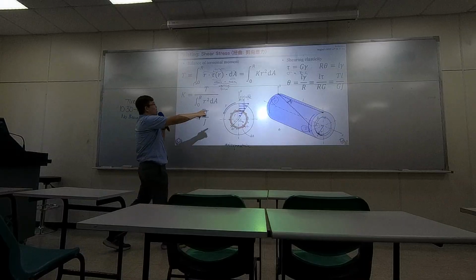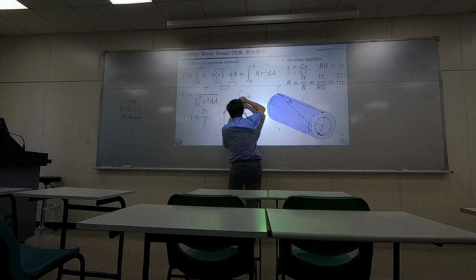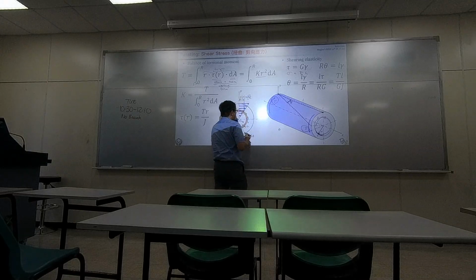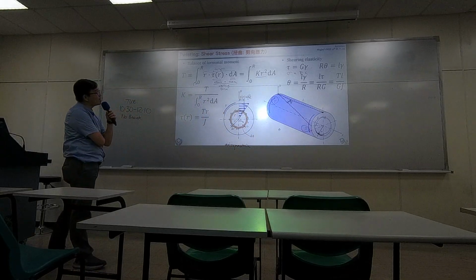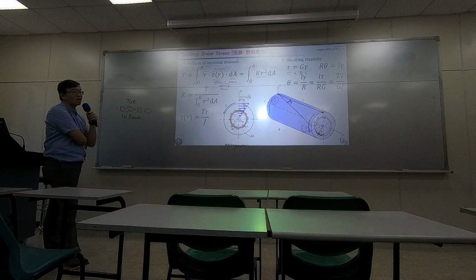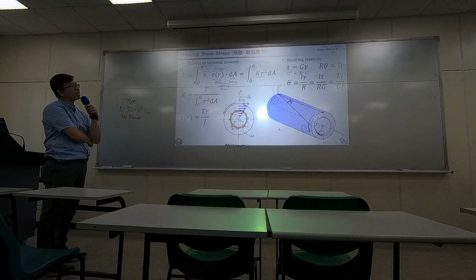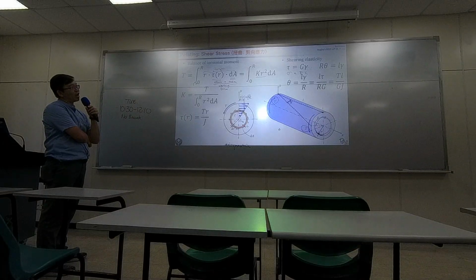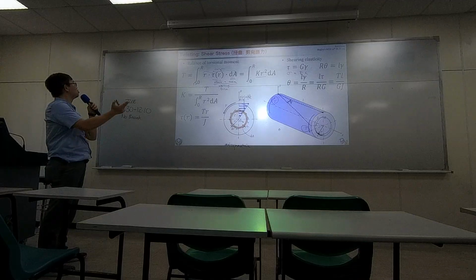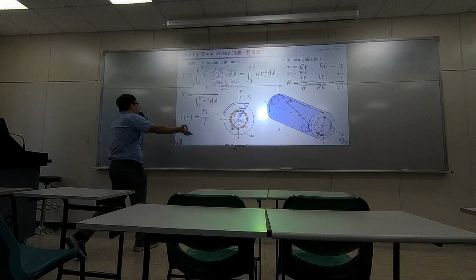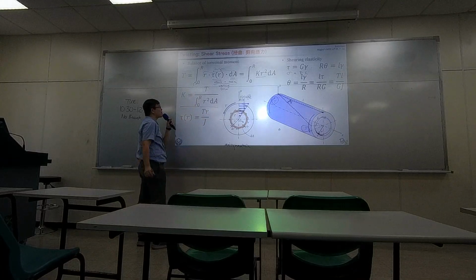Now, since we have the model tau equals K r, we apply it to the equation. We have this K r squared dA. And again, capital K is a constant. It has nothing to do with the radius or area. So it's a constant inside the integral. You can take it out. And then you come up with this K equals this particular equation.